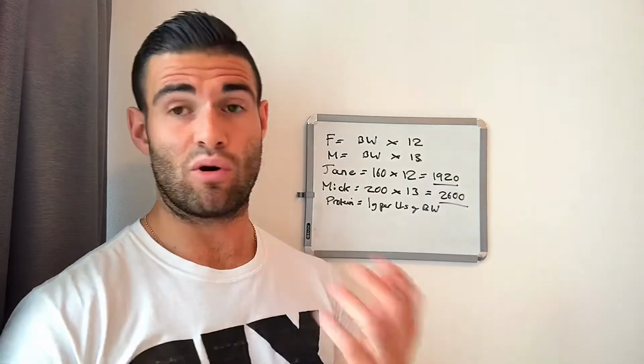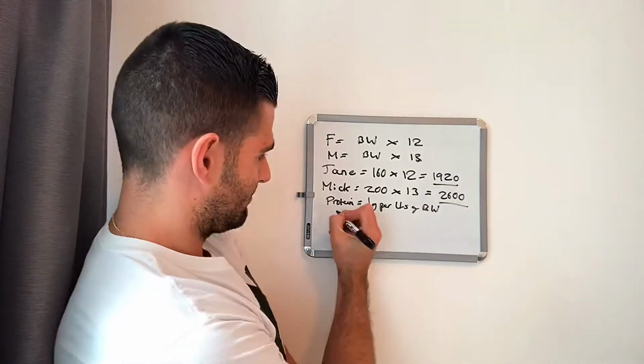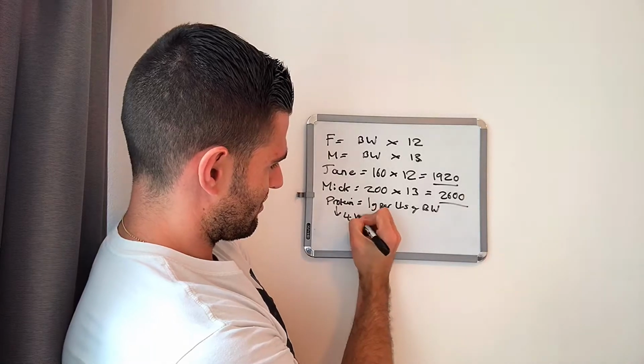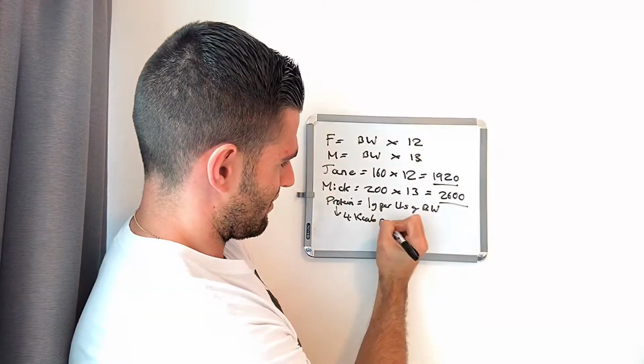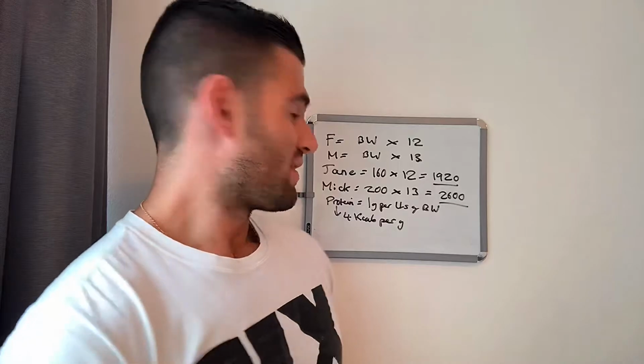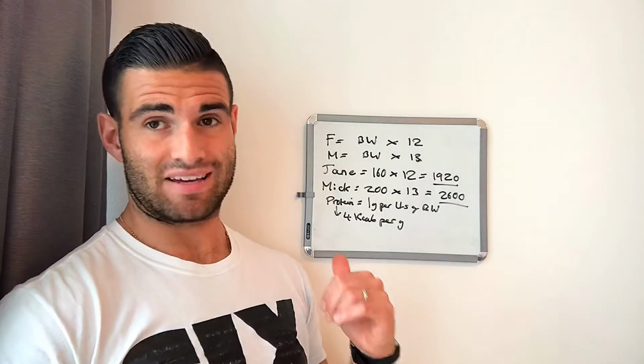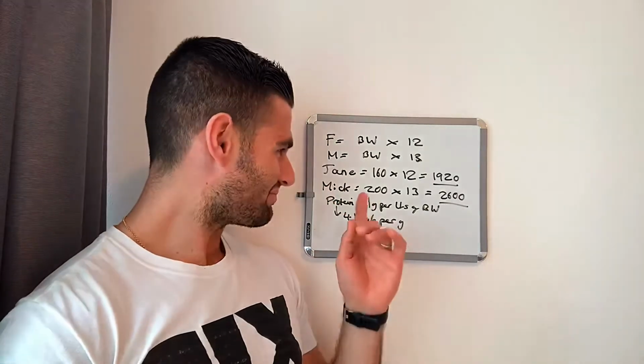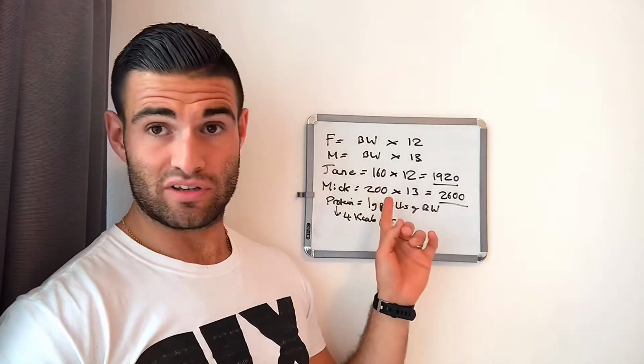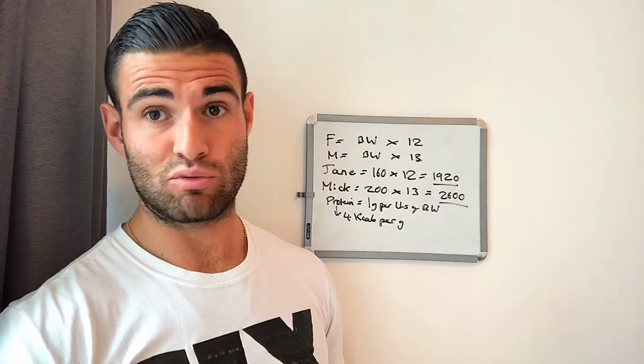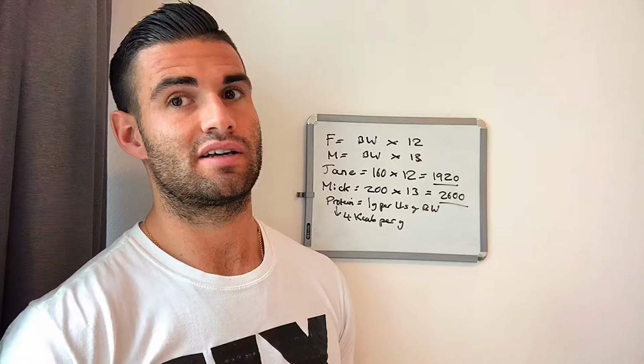Protein has 4 calories per gram. So, let's take the example of Mick, because I can't do the maths for the female. 200 grams of protein will be 800 calories. That makes sense?